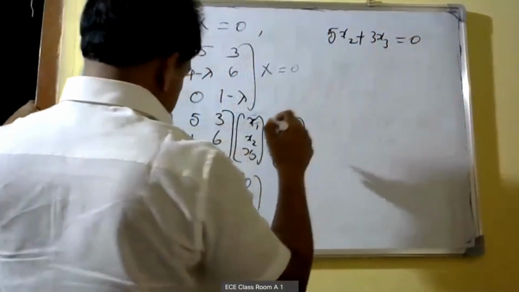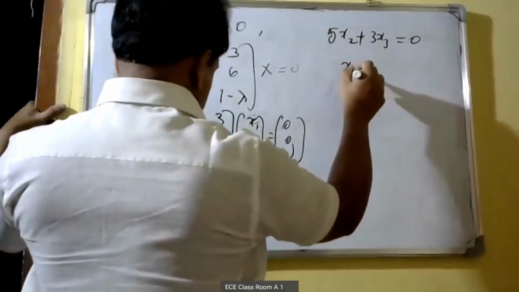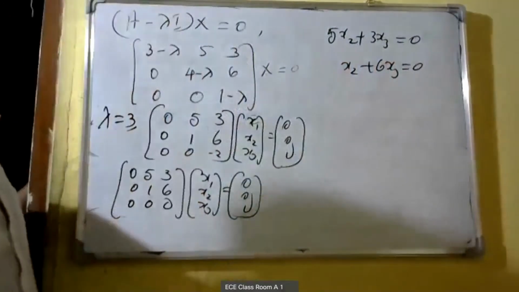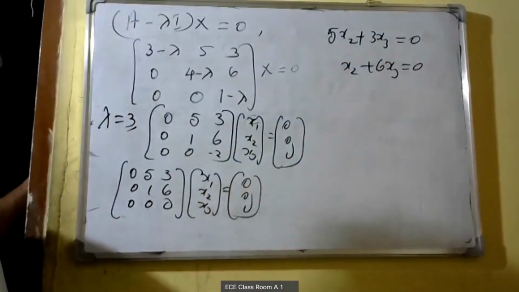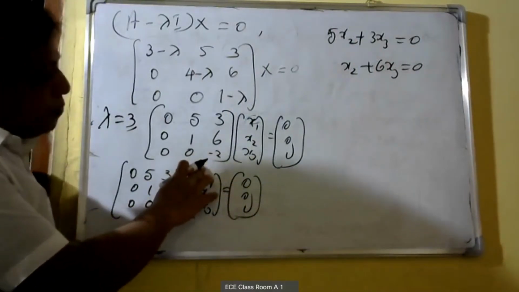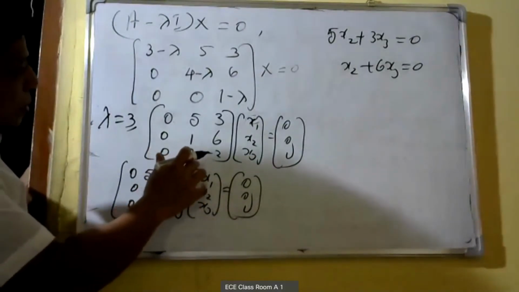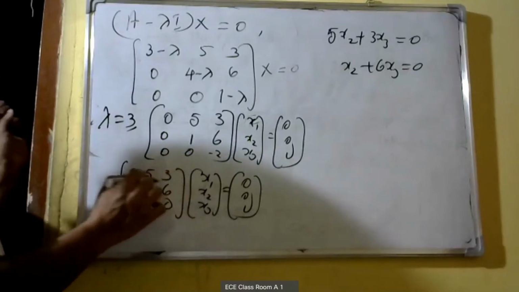The second equation is x2 plus 6x3 equal to 0. We get two equations, 5x2 plus 3x3 equal to 0 and x2 plus 6x3 equal to 0. This is echelon form.